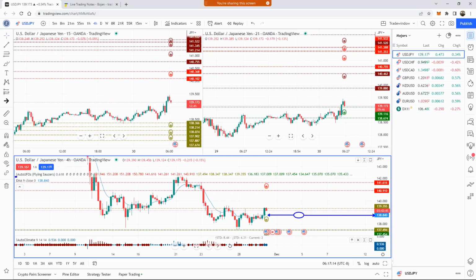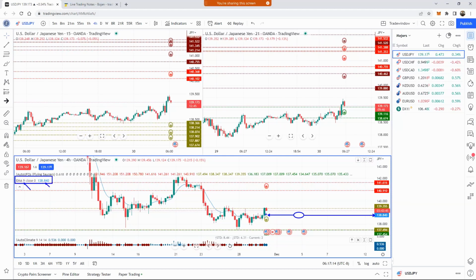This is also, as you see right here, represented on the 9 EMA, 138,840. We combine that 9 exponential moving average, which is a very common, very typical moving average that should be available on any charting software platform, web app, mobile app, anything out there should have a 9 EMA.